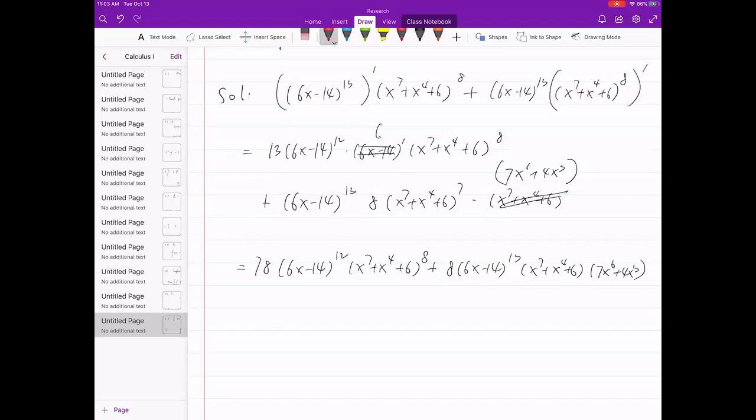That will be the final answer. For our class, don't FOIL further because this already looks simple enough.